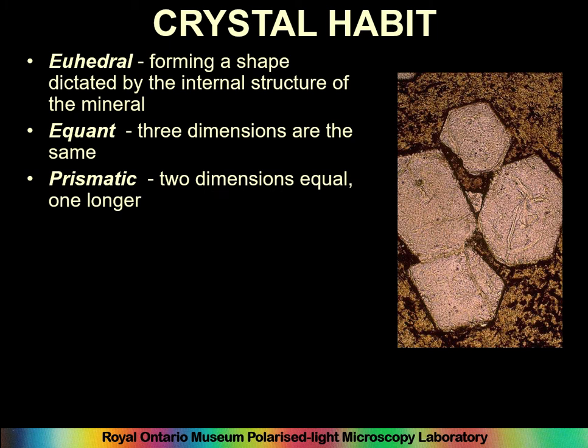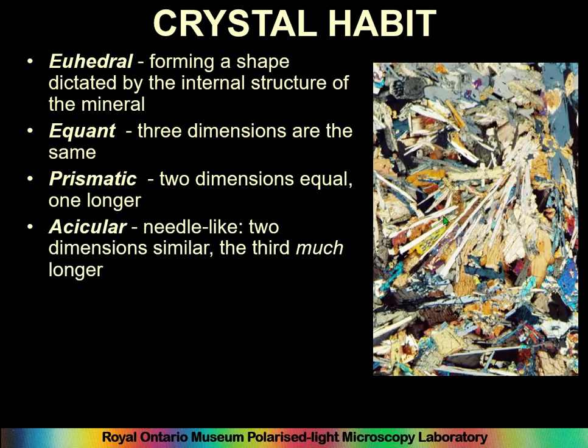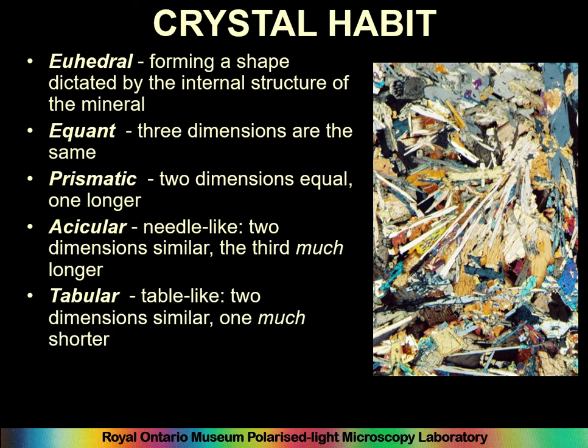Prismatic, 2 dimensions are equal. One is very, very long, forming a prism-like thing. Acicular, which is needle-like. 2 dimensions are similar. The third is much longer. These are acicular, and you may get acicular inclusions in your thin section. And tabular, which means it's table-like. 2 dimensions are similar, one is much shorter.